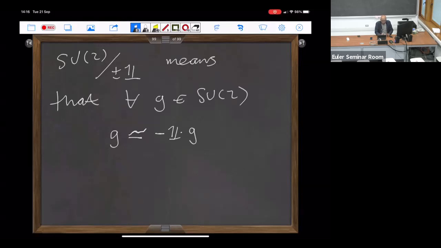So if I have any element of SU2 and I consider minus the identity times that element, instead of considering these as two separate elements, I now define a new group in which they are the same element. So you've divided SU2 into two halves, in fact. And those two halves independently are also a group. And this group is isomorphic to SU3.